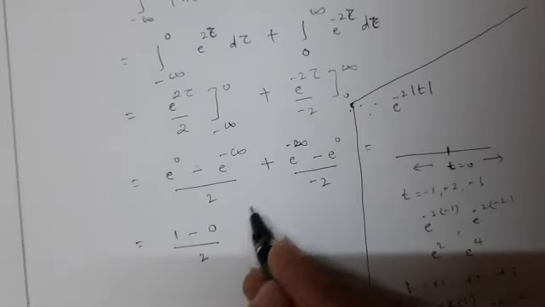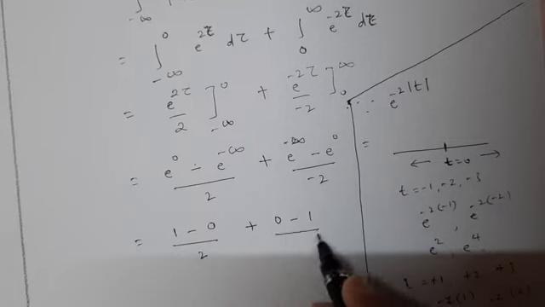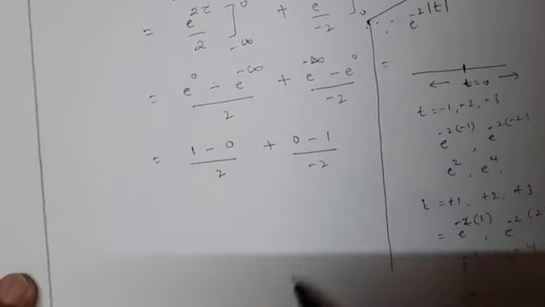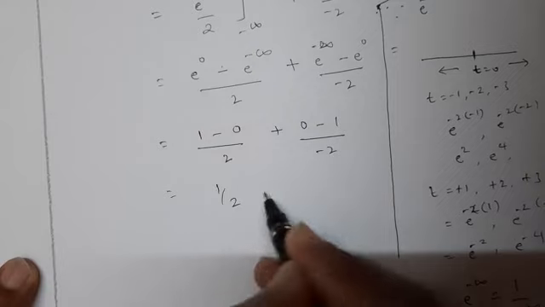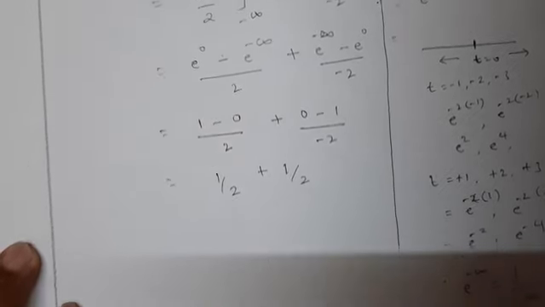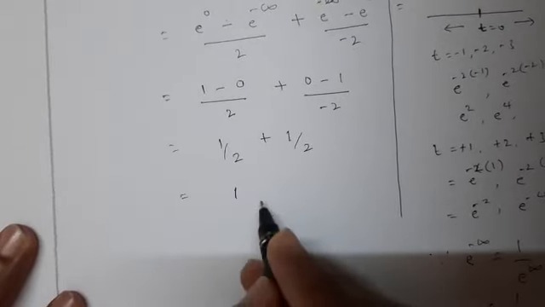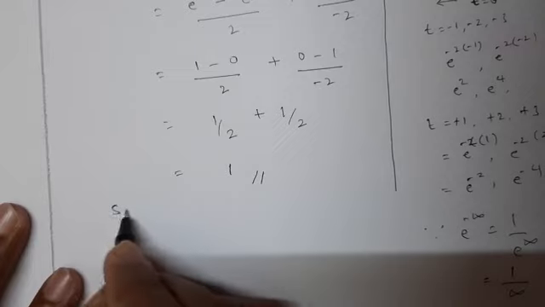Plus e to the power minus infinity again 0, e to the power 0 is 1 by minus 2, which is equal to 1 by 2. So 1 by 2 plus half is 1, and hence the system is stable.